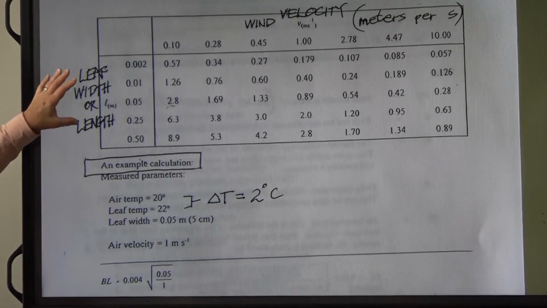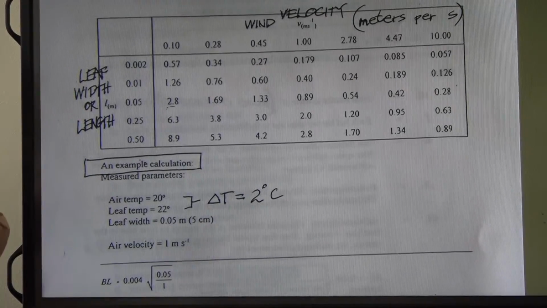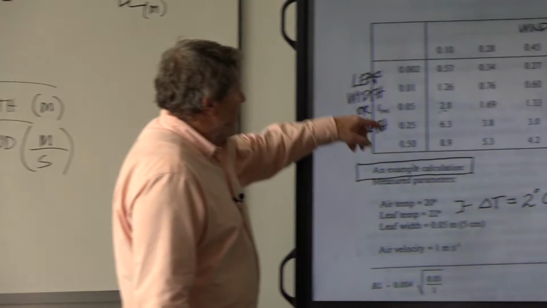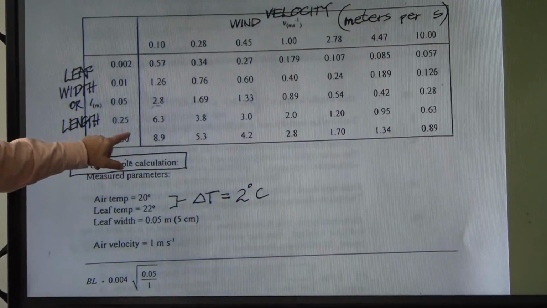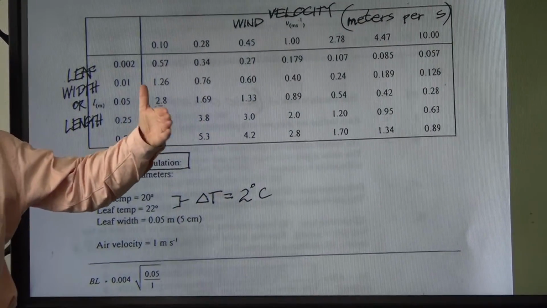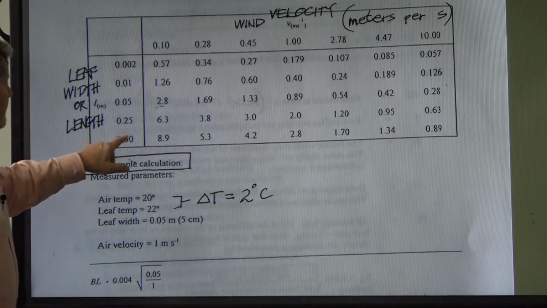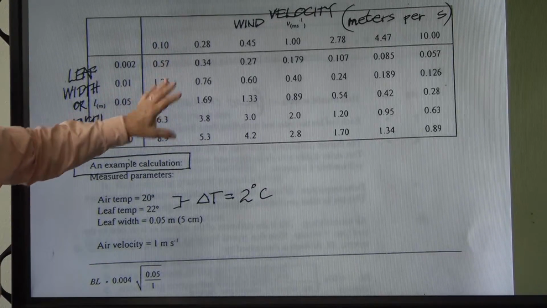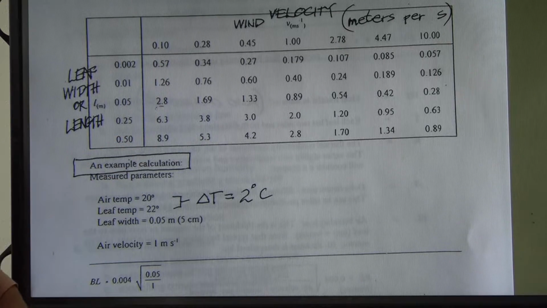Leaf width or length. What this really is, is the shortest dimension. People talk about length, but for a grass leaf, it's the shortest dimension because it's generally blown sideways. So here's a banana leaf, 0.5 meters. That's a big leaf. This table is boundary layer thickness in millimeters.